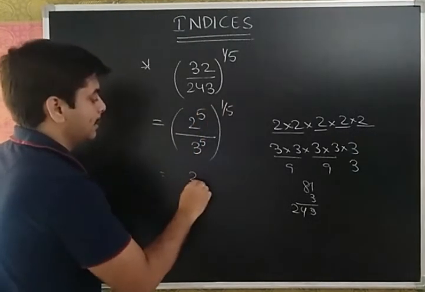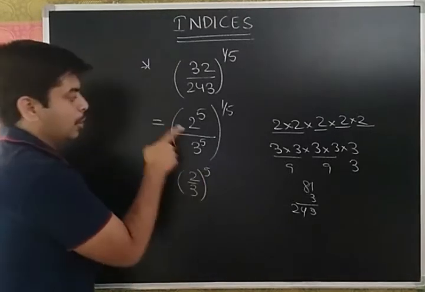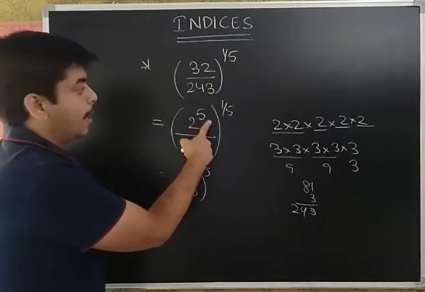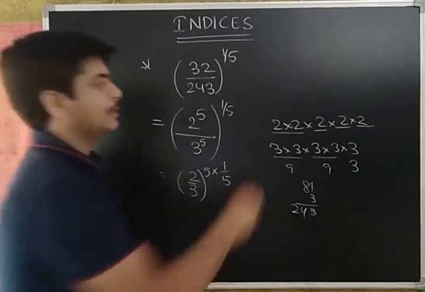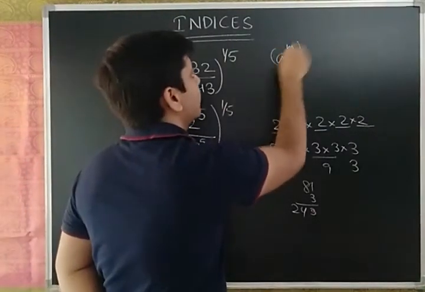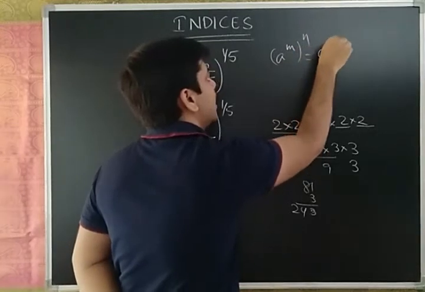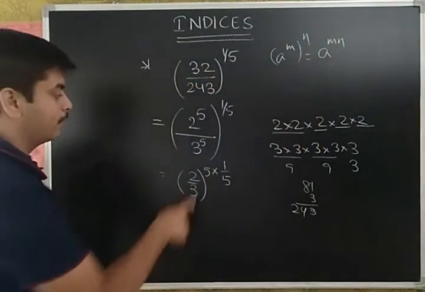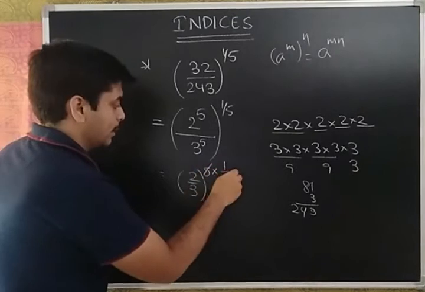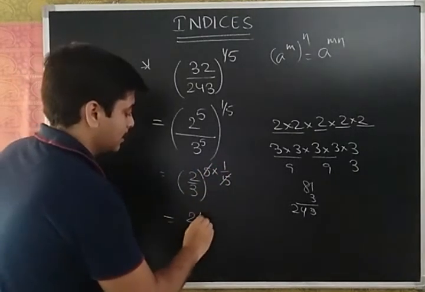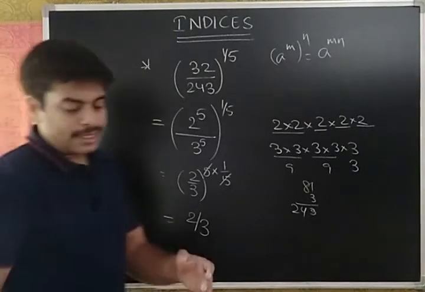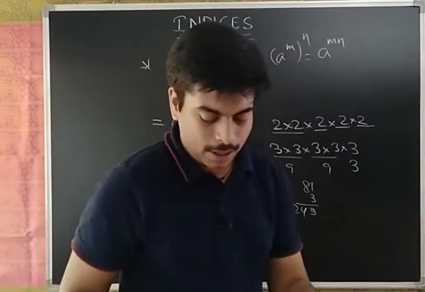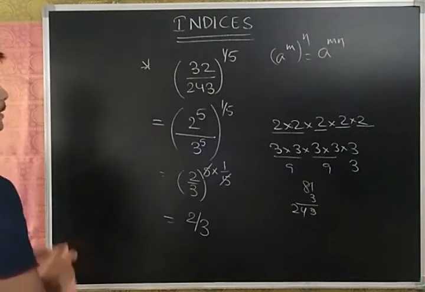So it is 2 by 3 whole power 5, whole power 1 by 5. It is like a power m whole power n, which is a power m into n. So 5 into 1 by 5, these two cancel, and the answer is 2 by 3. See how simple it is? Let us see one more question: 1 by 64 whole power 6.